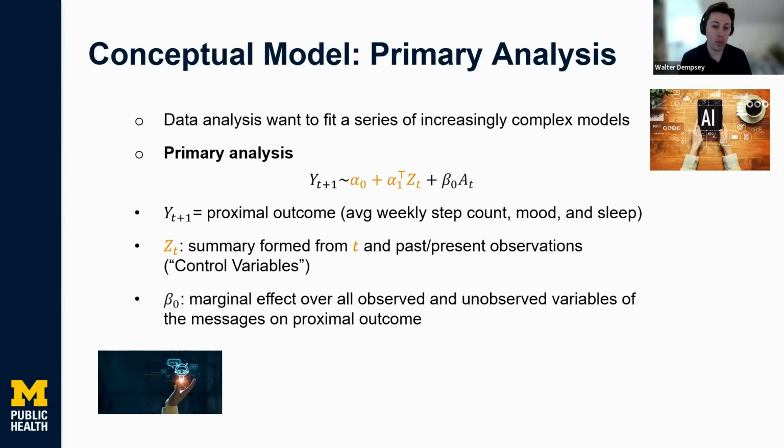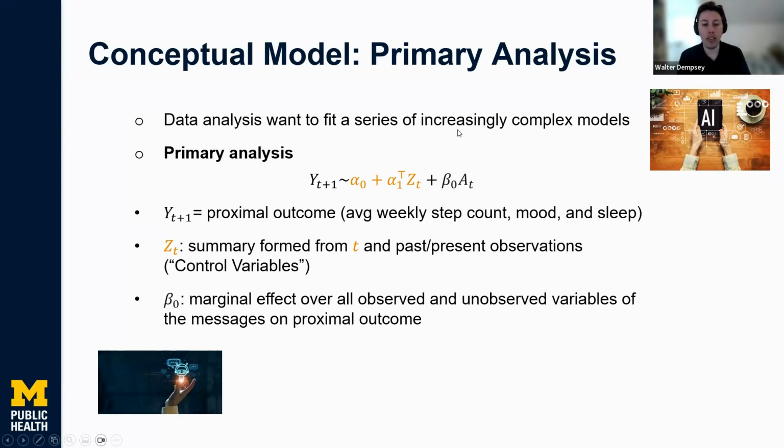For MRTs, what we're really interested in are the effects of these types of messages, these local interventions, on proximal outcomes. We're sending you a message to try to get you to be physically active. And the primary question we typically ask is: was the message we sent, which we call A_t, effective in improving your proximal outcome, your step count in this particular case?